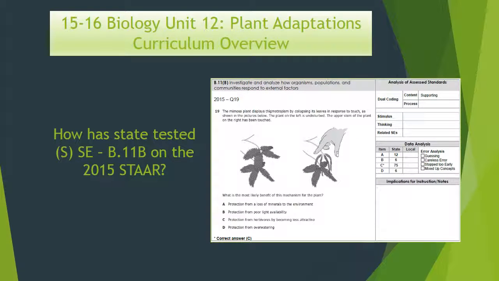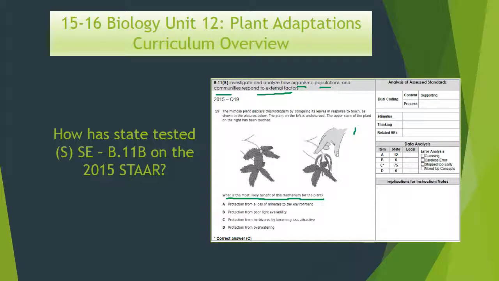Okay, B11B, a 2015 question. This question is, what is most likely the benefit of a mechanism for the plant? And here, this is the plant without a stimulus, and this is the plant with the stimulus of touch. And so as it relates back to this SE, it says investigate and analyze how organisms, populations, and communities respond to external factors.